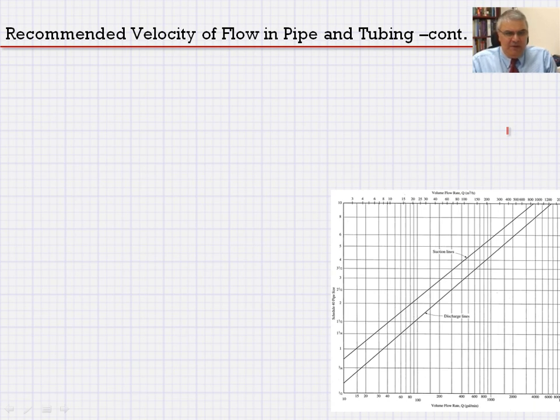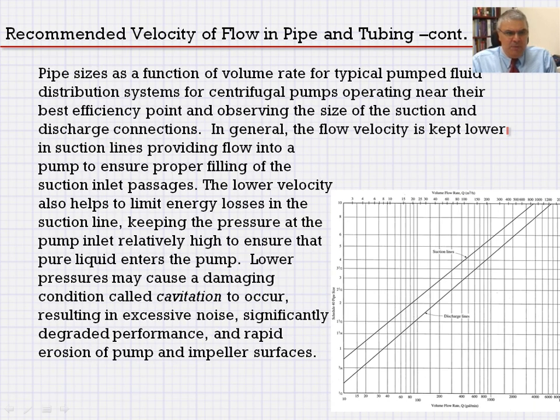The recommended velocity of flow in pipe and tubing also could be a function of volume rate, depending on the type of pump that is used. We want to make sure that the capacity of the pump does not exceed the strength of the pipelines. Otherwise, we're going to have all sorts of problems, including breaking the pipes.